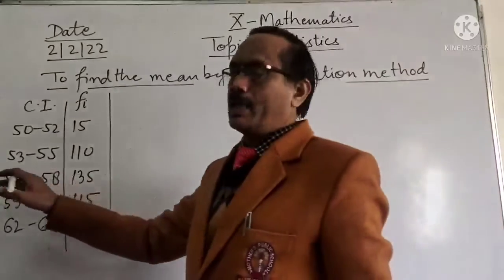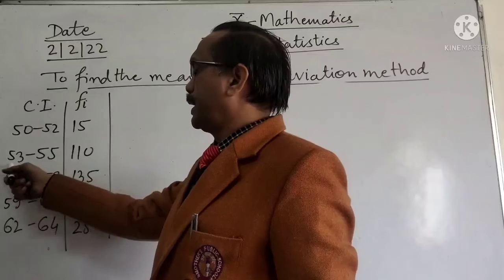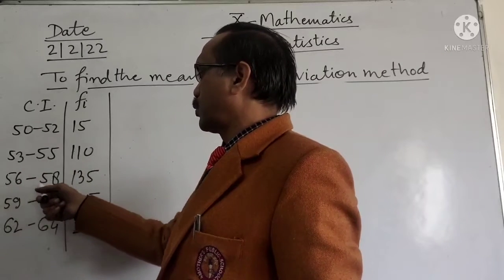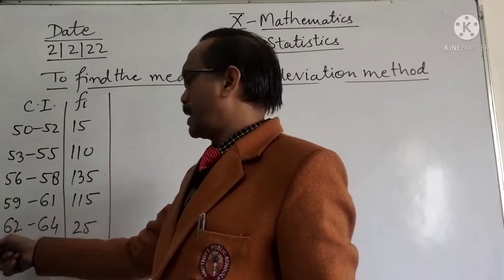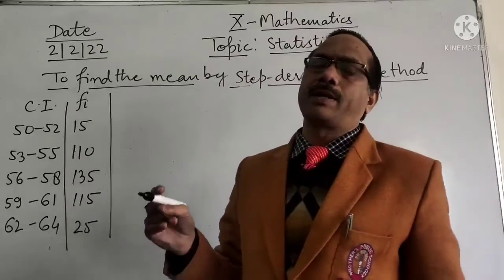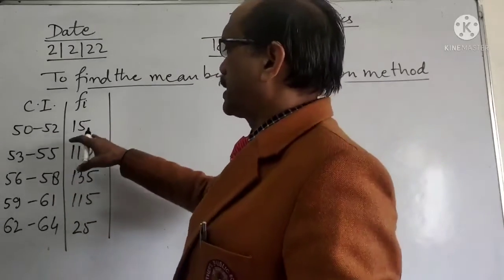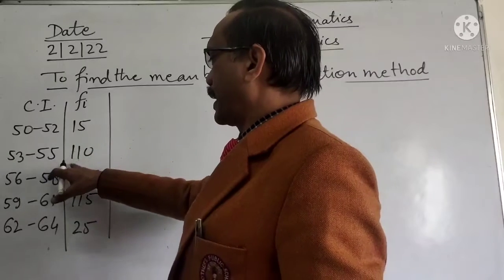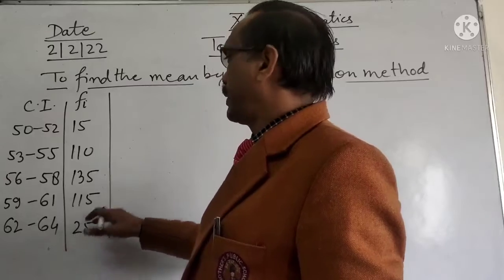Here the class intervals are 50 to 52, 53 to 55, 56 to 58, 59 to 61 and 62 to 64. This type of class interval is called an exclusive class interval. And the frequencies are 15, 110, 135, 115 and 25.